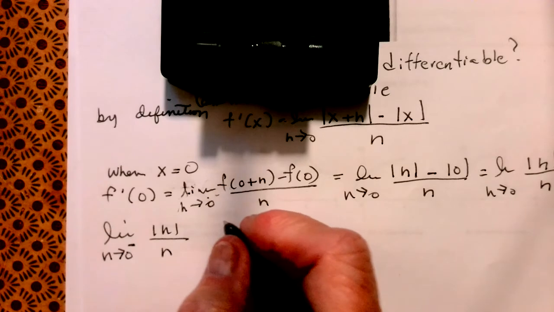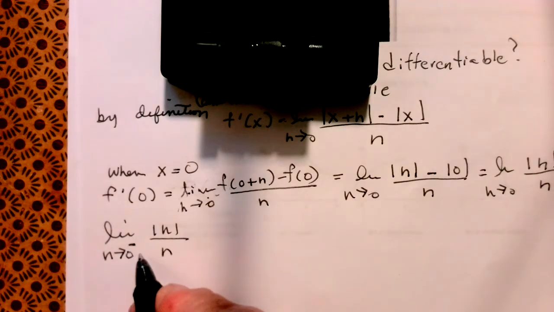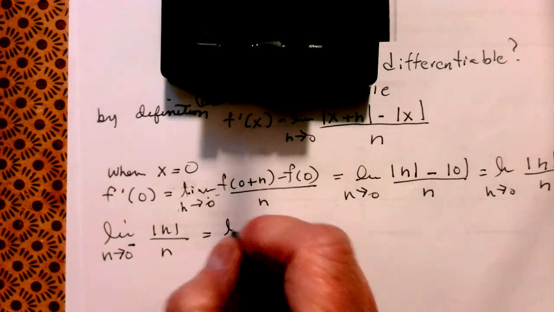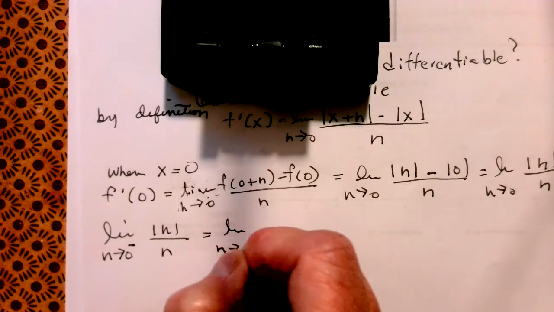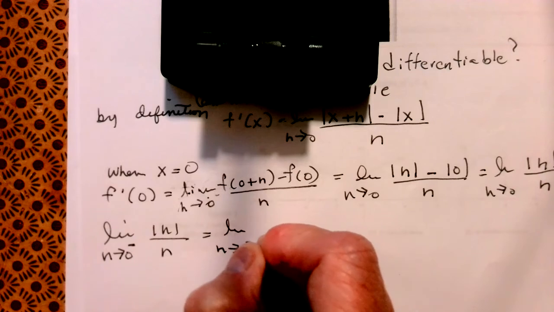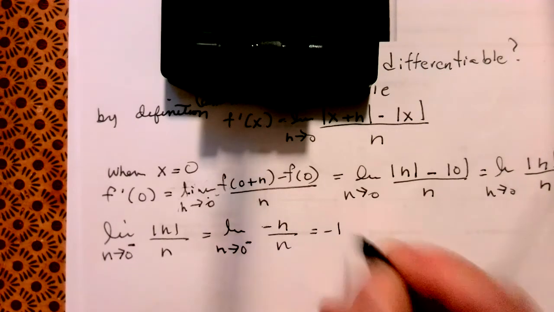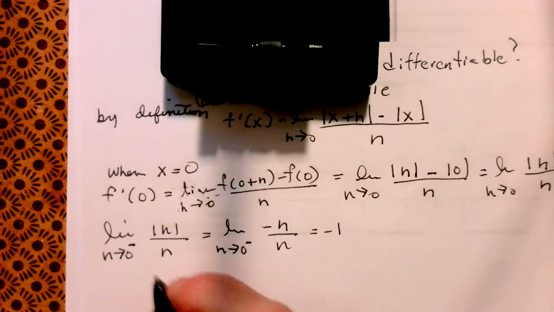So if h is negative, because h is coming into 0 from the negative side, then the absolute value of h is the opposite of h, because h is negative. So that would be minus h over h, which would be minus 1. Okay?